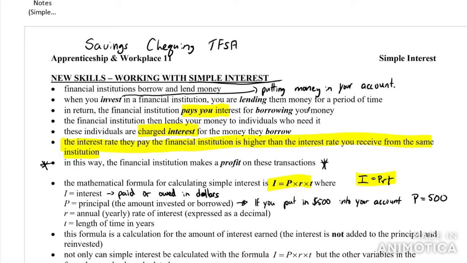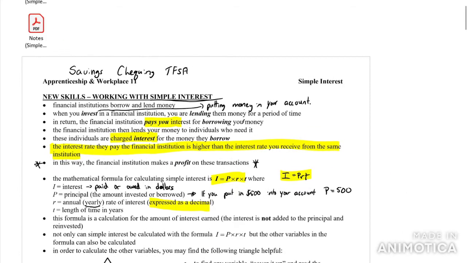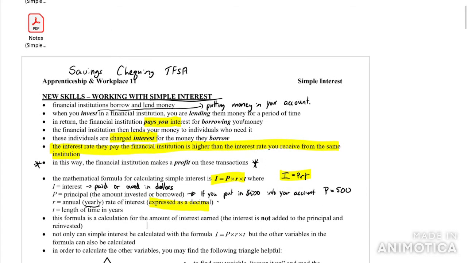R, little r, stands for the annual, or another word for annual is yearly, rate of interest. And the key bit is we have to express it as a decimal. So one of the things that you're going to have to watch out for is in these questions, you'll see something like a 4% interest rate.